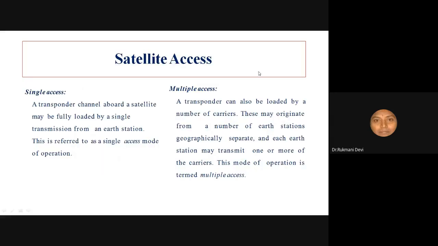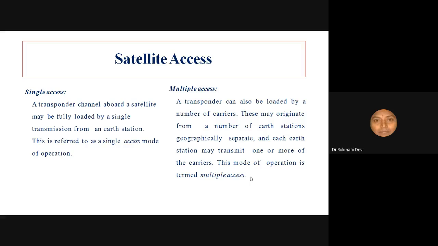Then access methods, the multiple access methods used in satellite communications. What is meant by single access? What is meant by multiple access? Single access is nothing but a transponder channel aboard a satellite that may be fully loaded by a single transmission from an earth station.